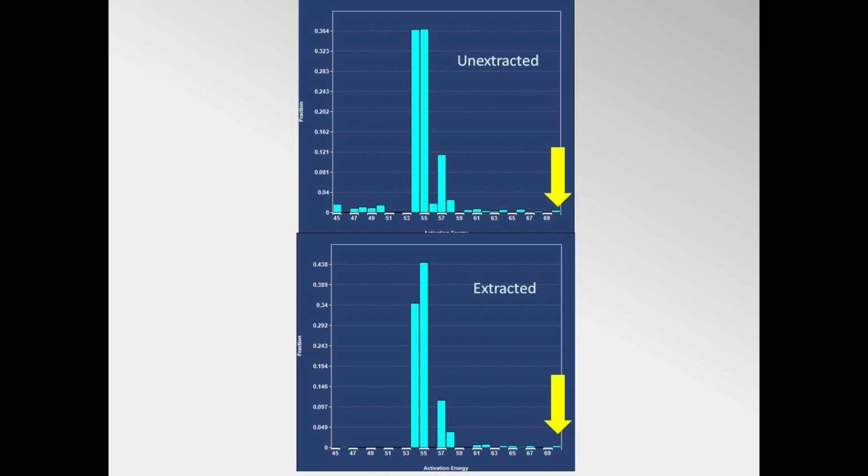However, one edit that I do recommend always is to trim off the final activation energy, because it often is including combined effects of baseline drift and other portions that create problems with the analysis. So I would eliminate the highest activation energy for both of these samples.